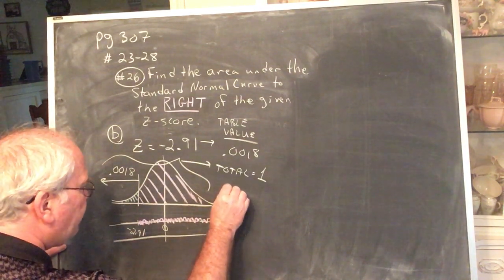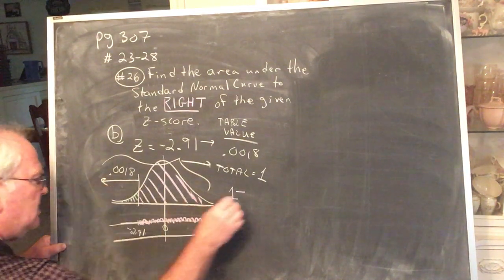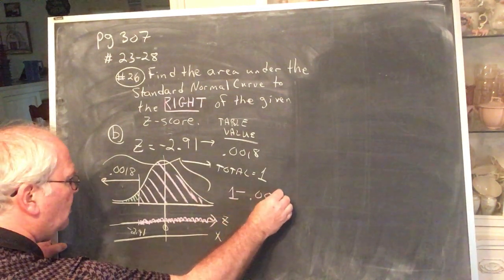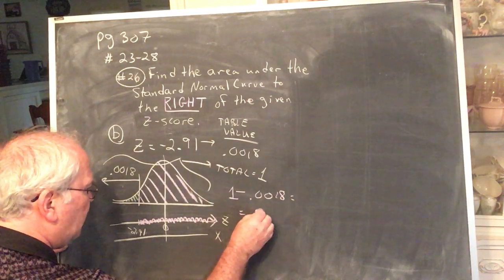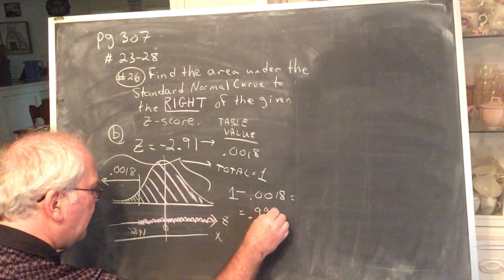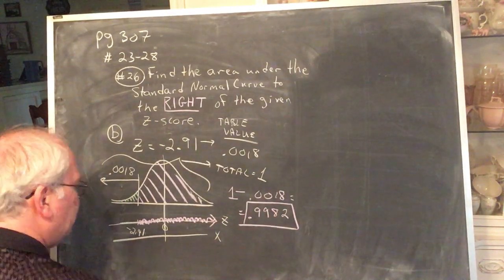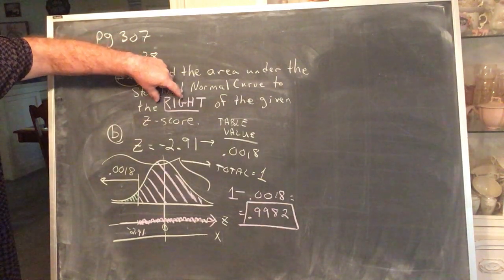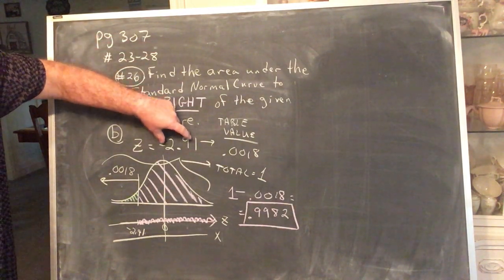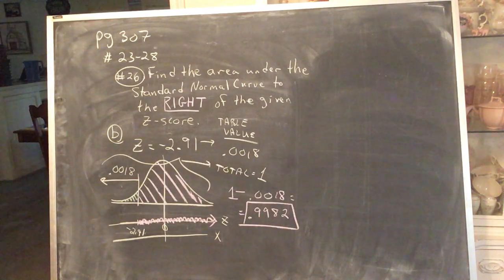We need 1 minus the little piece we don't want, 0.0018, and that corresponds to 0.9982, if my arithmetic is correct. And so the area to the right of negative 2.91 is 0.9982.